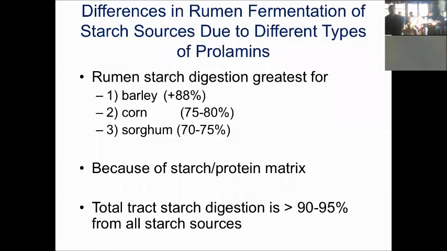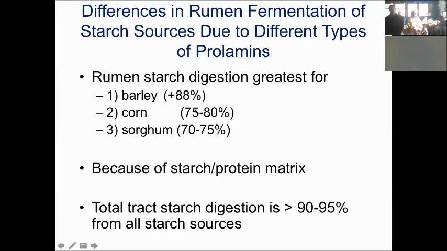And of course, the interesting thing that a lot of people don't realize is that it is the different types of prolamin proteins that occur in different types of cereal seeds that are responsible for why different cereal seeds have different starch digestibilities. And so we know for a fact that barley starch is much more digestible in the rumen than corn.